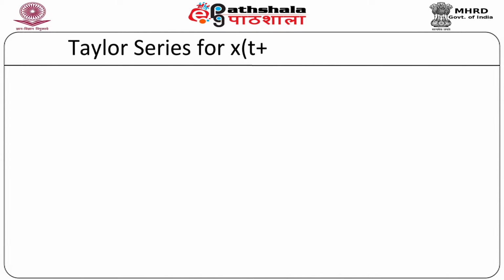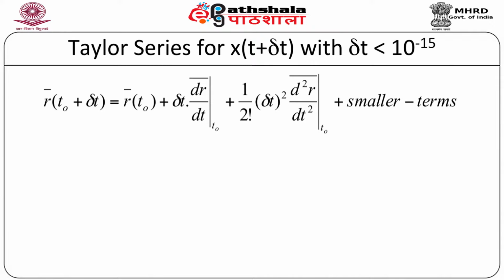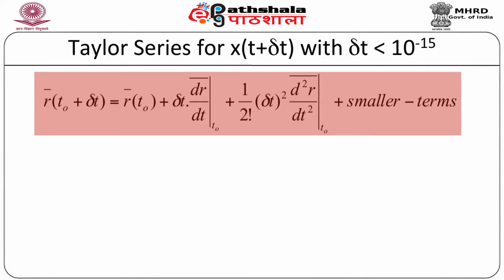So considering the time step, we can estimate the position at t0 plus delta t as r(t) plus delta t into dr/dt, which is equivalent to velocity, plus 1 by 2 factorial, or 1/2 delta t square into d2r/dt2, that means the second derivative of position, that means acceleration, plus smaller terms.